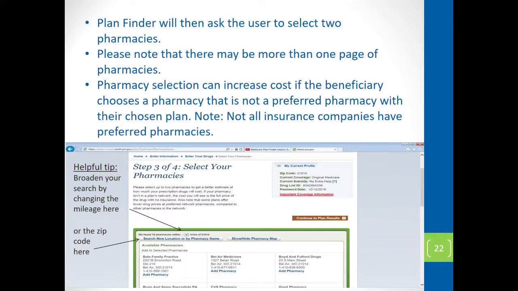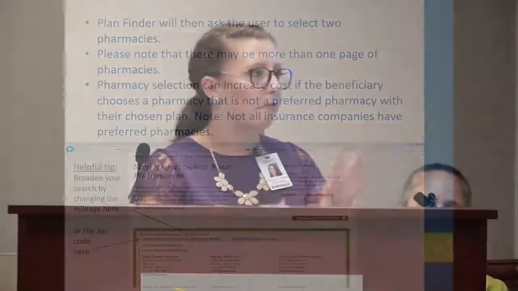If they say, I go to the CVS on Main Street in Churchville, it's okay if you pick CVS in Forest Hill or whatever. All the CVSs are going to be the same, so it's okay if it's not the exact address. But we pick 2 pharmacies as an option, and then you can click to continue.